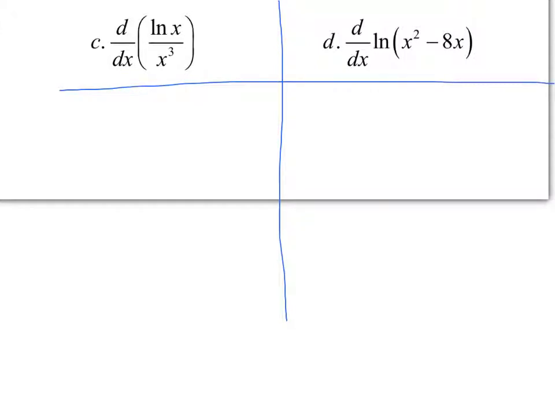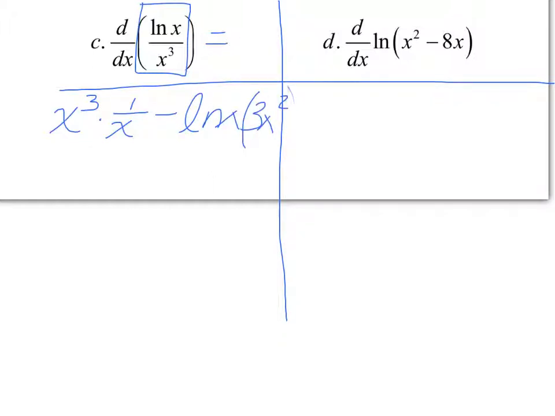On example C, you are going to have the quotient rule. So when you take its derivative, you're going to have the bottom times the derivative of the top minus the top times the derivative of the bottom, all over the bottom squared, so that'd be x to the 6.